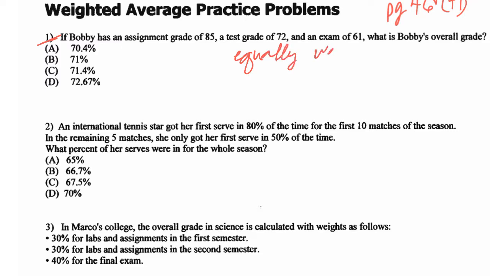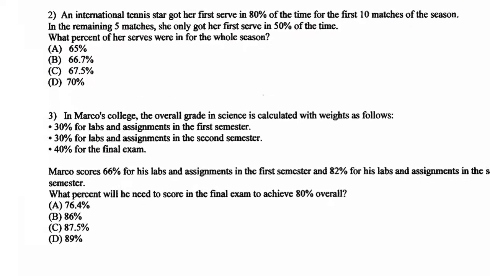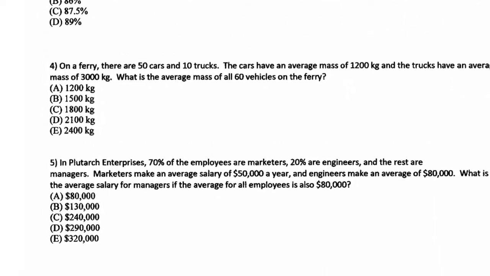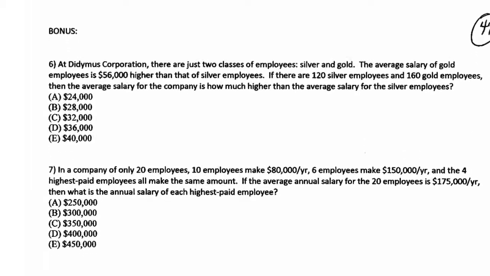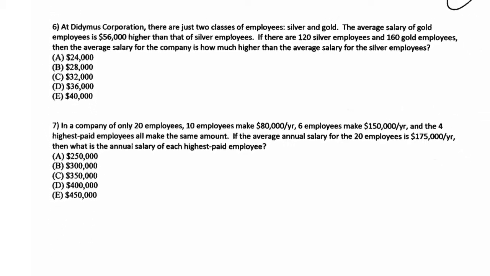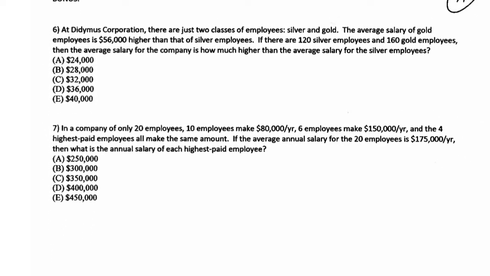If they're not going to tell me how they're weighted, I figured they were equally weighted. And then there's your page 47. Had those 2 ones. I actually found problem number 6 harder than number 7. I think 7's pretty straightforward. And then, of course, your multiple choice pages that you're doing, pages 48 to 52. So there's your homework.